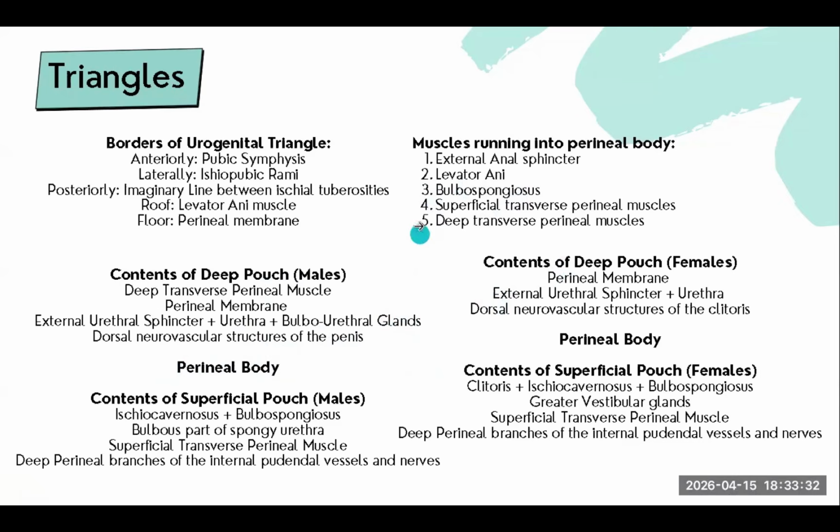Some of the muscles running into the perineal body are number one, external anal sphincter, number two, levator ani muscles, number three, bulbospongiosus, number four, superficial transverse perineal muscles, and finally, deep transverse perineal muscles. And I guess that is it.